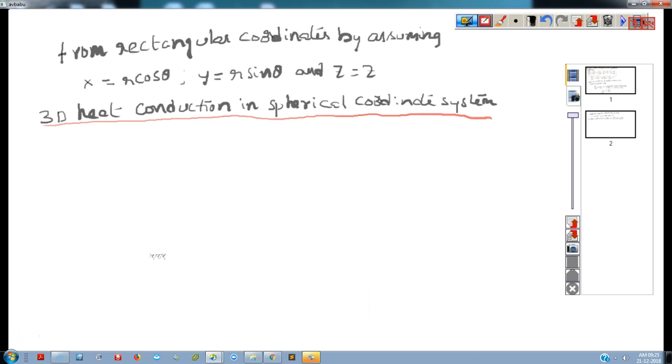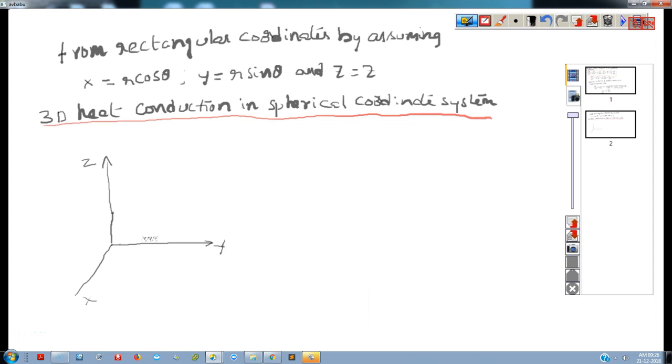Now see, I am taking this as the x-axis, this is the y-axis, and this is the z-axis.